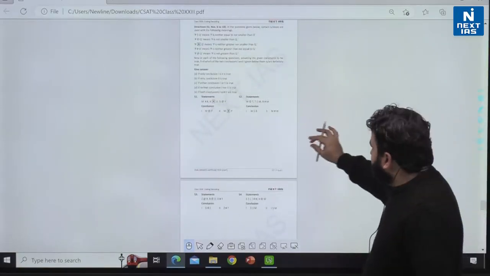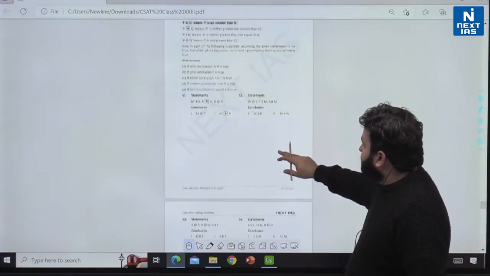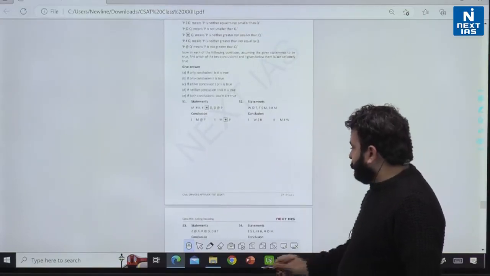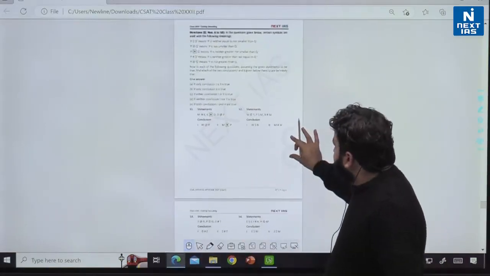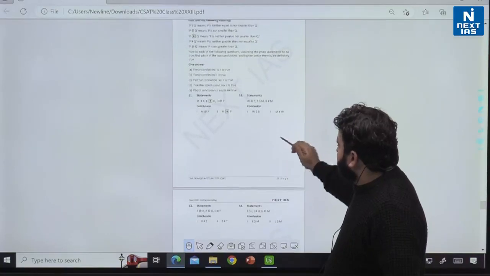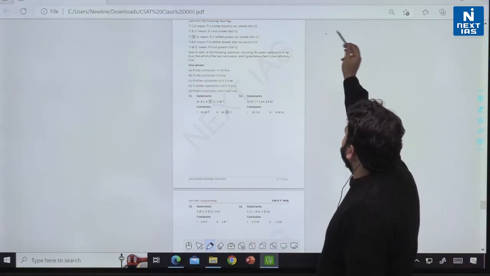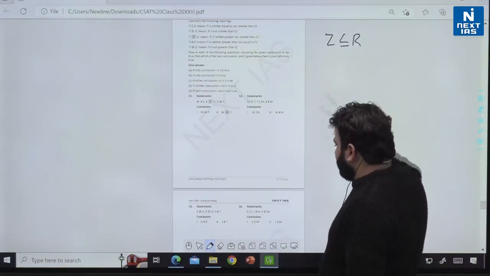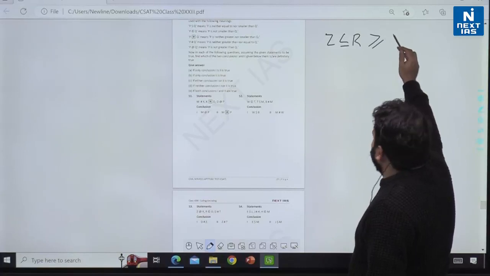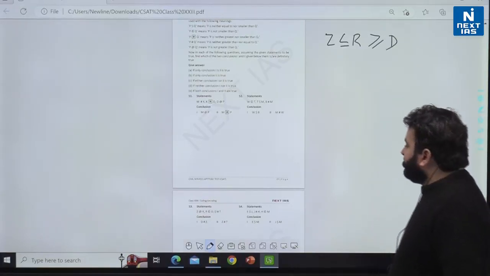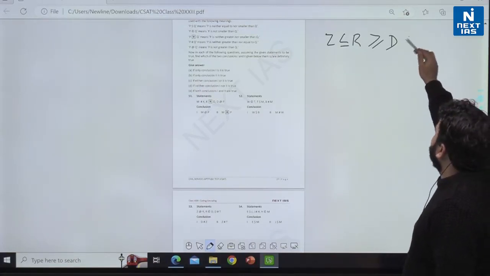Z at the rate R means Z is less than or equal to R. R copyright D means R is greater than or equal to D. D hashtag T means D is less than T.